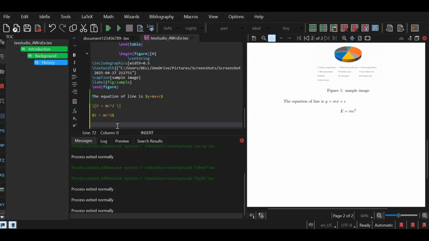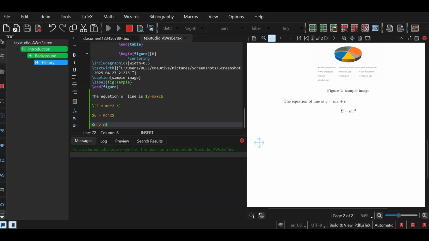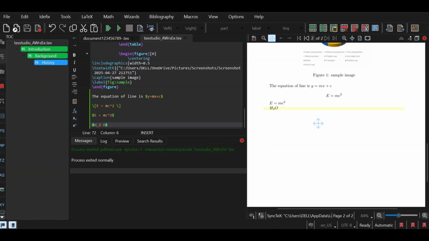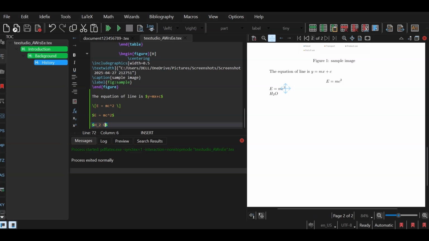Then for subscript you need to write H underscore 2 and then O, and compile. So see, E is equals to mc square, the 2 is superscript and here the 2 is subscript.